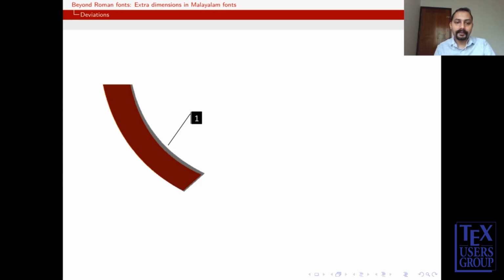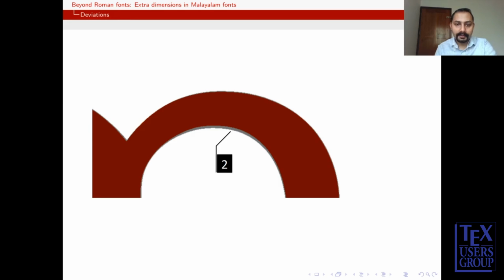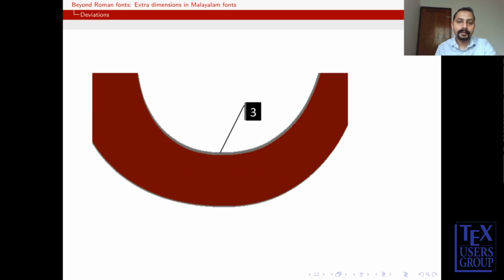If I zoom in further, you can see the difference very clearly, where the below base character is slightly thicker compared to the above base character. The second arch is slightly thicker. The third part, and there is also the fourth part, which is the upper tail end, is also slightly thicker.